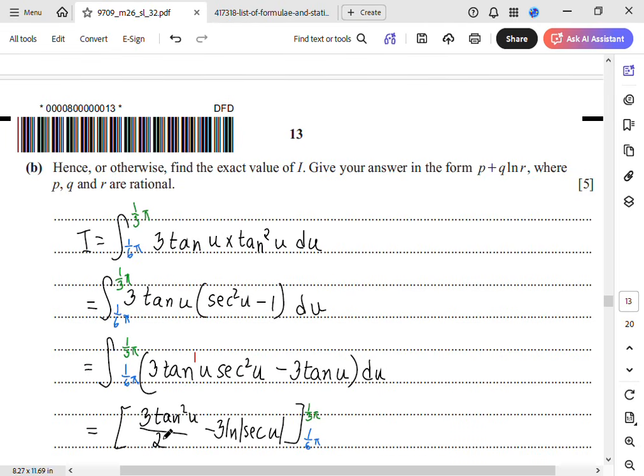So 3 tan squared u divided by 2. You don't have to worry about this sec squared u, it goes away, and this then makes it easier. If you don't prefer that, you could have always taken tan u as another variable, but then you would have a substitution inside the other substitution. To avoid that, I've done this, and it is only 5 marks, so it's not worth the hassle, right?